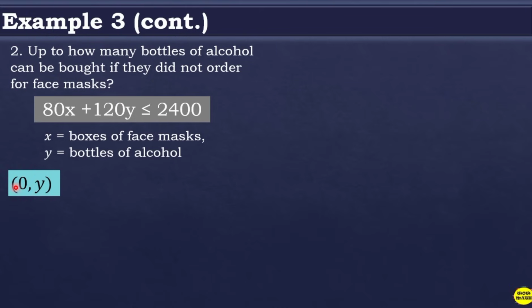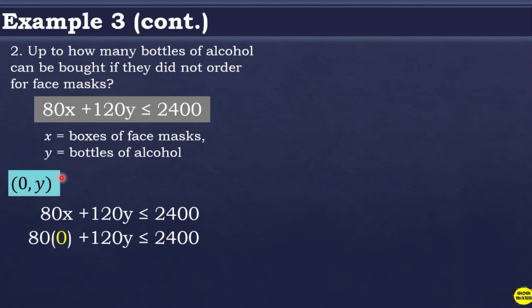So, isa-substitute natin yung 0 doon sa ating X. So, therefore, you will have 120y is less than or equal to 2,400. So, you will have y is less than or equal to 20. Ibig sabihin, they can buy at most 20 bottles of alcohol.